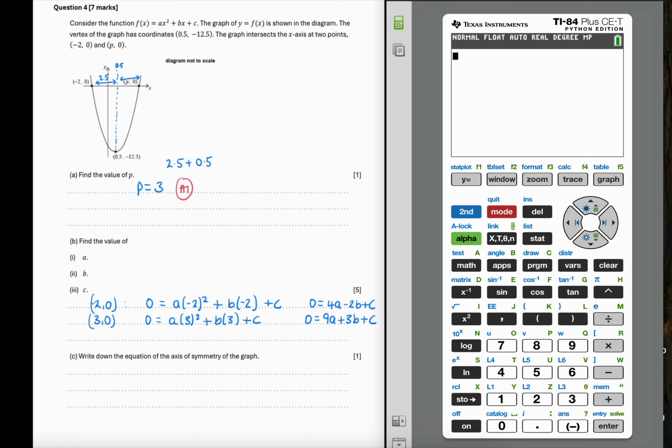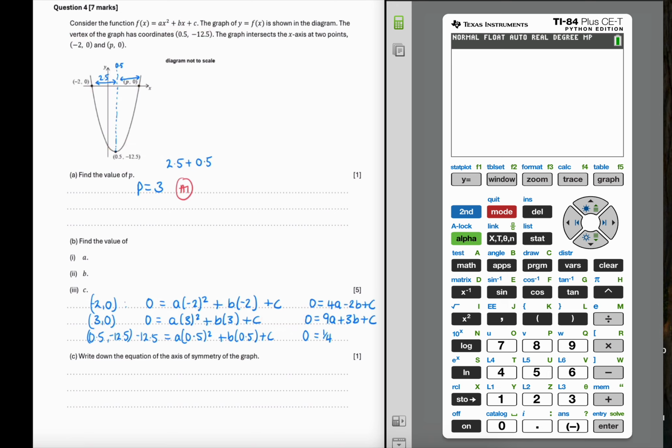And then the last one, I have the coordinate (0.5, -12.5). So negative 12.5 is the y value, and then I'm substituting in a times 0.5 squared plus b times 0.5 plus c. So 0.5 is a half, and then I'm squaring it, and that's going to give me 1/4.